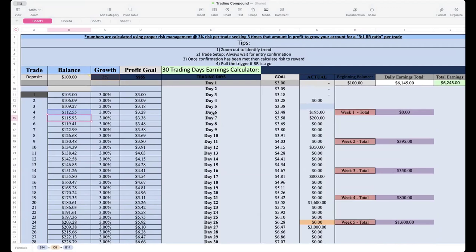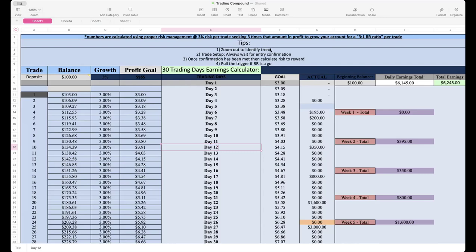I feel like I'm not even doing it right, but I'm just putting my actual totals. That's calculating everything. So by day 4, we should have been at $112 and we made $195. So that's about right. And then we made 300. So yeah, we've made more than what the compound sheet is saying we should.